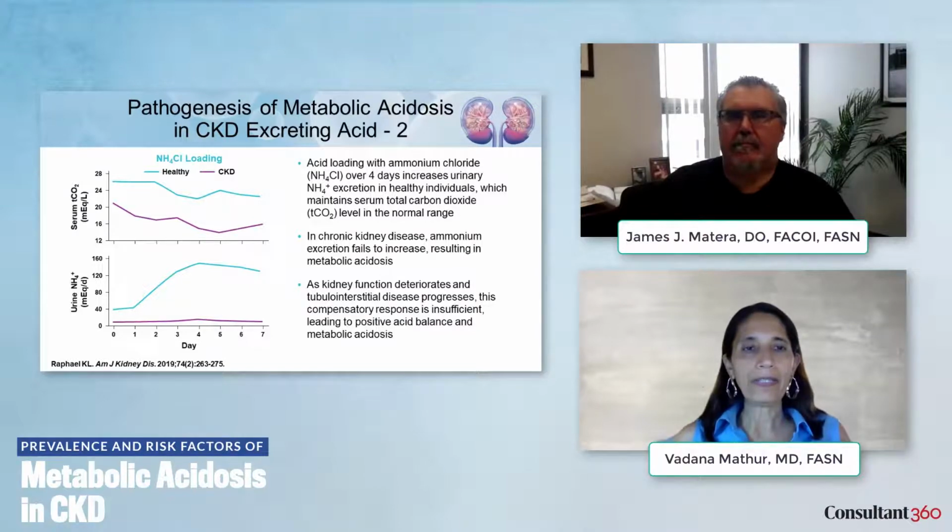In the healthy patients, we see that they are able to increase their ammonia excretion within a day or two as more ammonia is generated, whereas patients who have chronic kidney disease have an essentially flat line ammonia excretion, so they are just not able to increase their ammoniogenesis. And thus they are retaining acid, and we see clinically on the top panel their serum bicarbonate or TCO2 level declines in the face of acid loading.